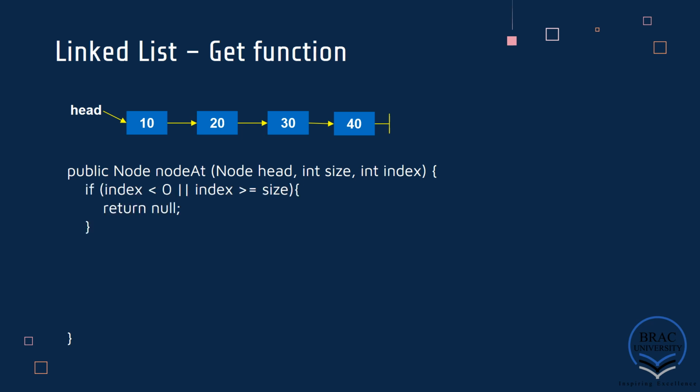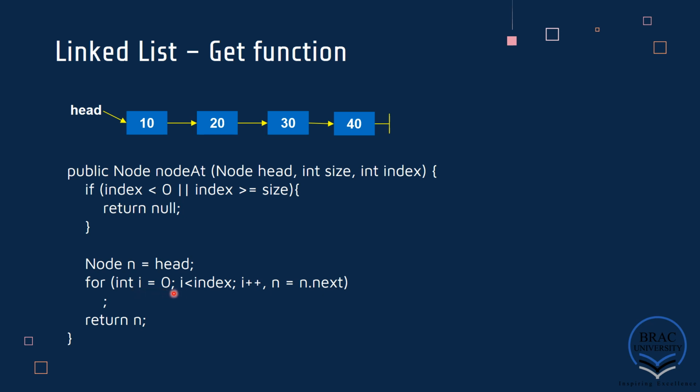The first step is checking the index. If the index is negative or is greater than or equal to size, that means this is an invalid node and it's going to return null. Otherwise, we have to iterate through the nodes, and as we don't have indexes, we will need a counter. We can simply write this loop.